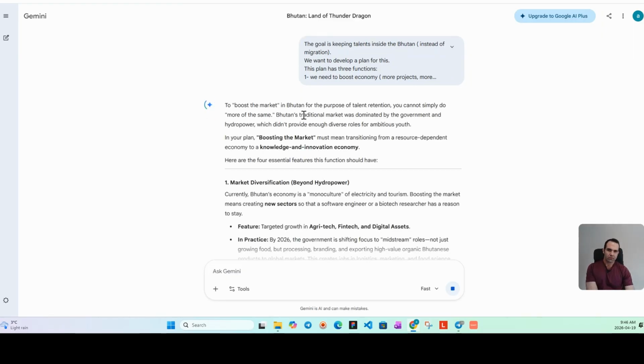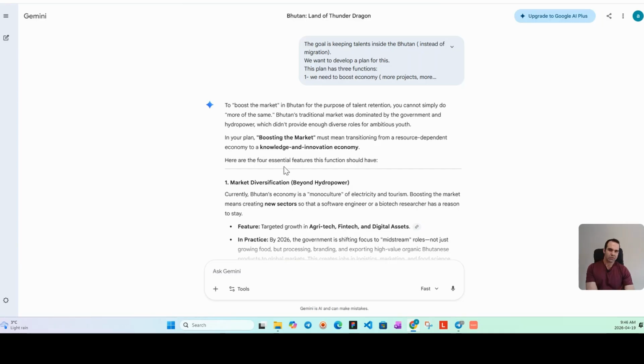To boost market in Bhutan for the purpose of the talent retention, you cannot simply do more of the same. Bhutan's traditional market was dominated by the government and hydropower, which didn't provide enough diverse role for ambitious youth. In your plan, boosting the market must mean transition from a resource-dependent economy to knowledge and innovation economy.